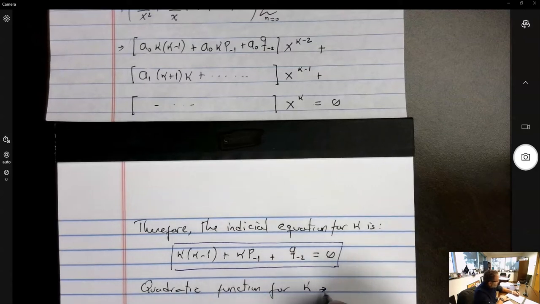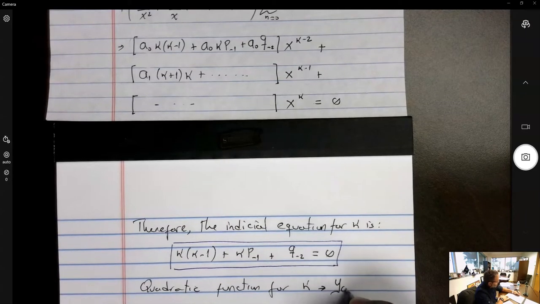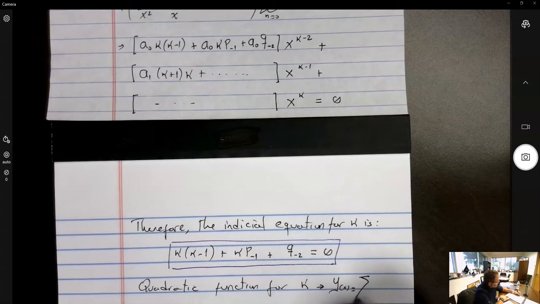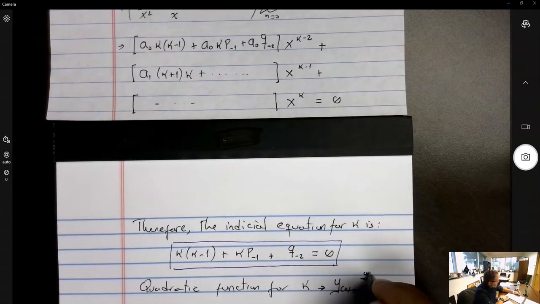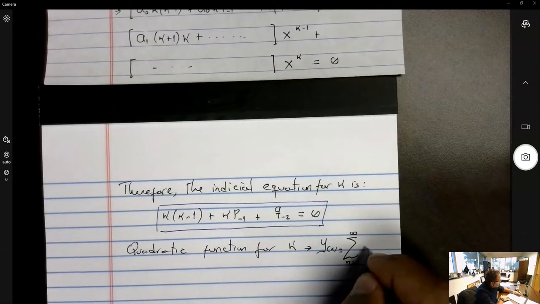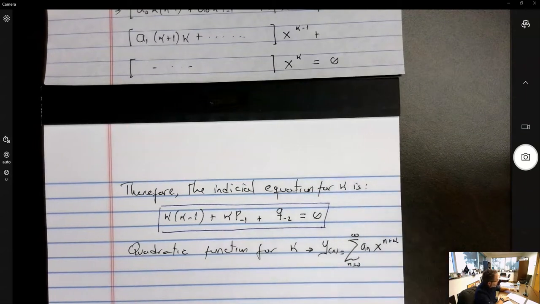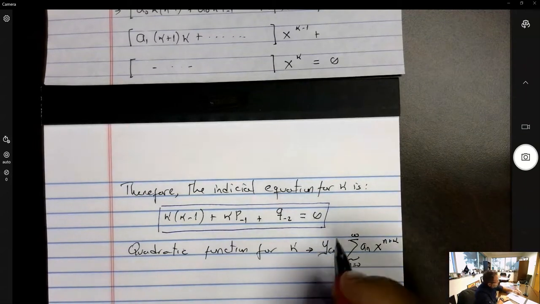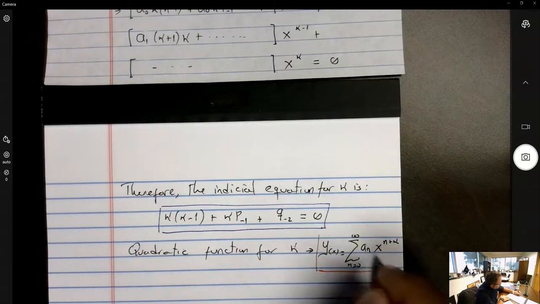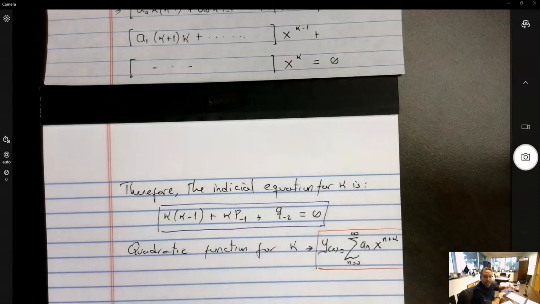Once you have k, you can plug it back into the solution that says y is the summation of an x to the n plus k. By doing this, you can very easily find what k needs to be for the series solution to work.